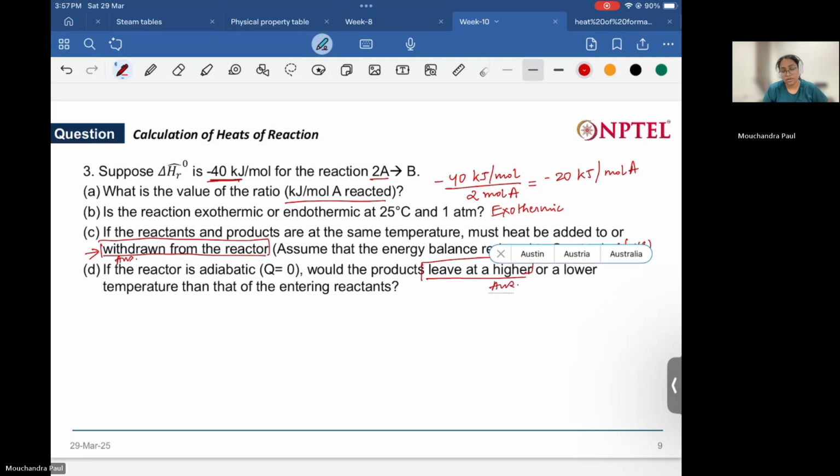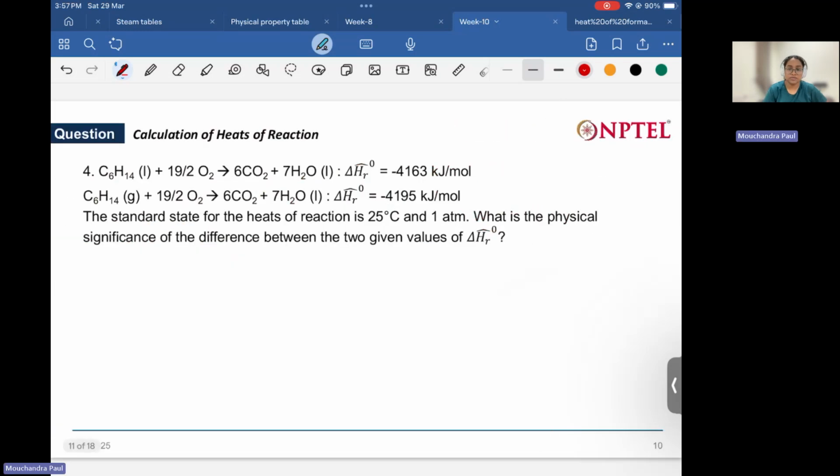Easy, right? Let's do another easy problem. You are given 2 reactions. Notice that in reaction 1 and in reaction 2, the only difference is the state of C6H14. In reaction 1, the C6H14 is in liquid state.